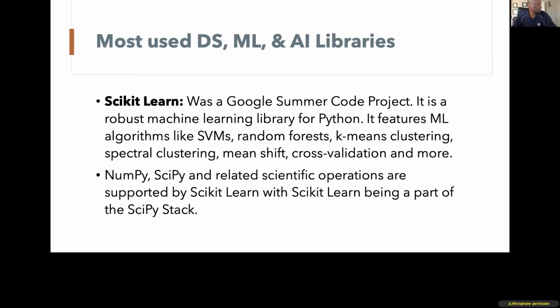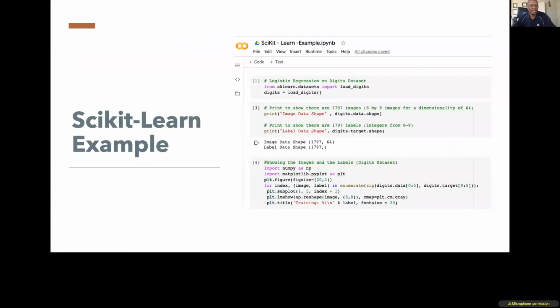So the next one is basically how do we use it? Okay, so I was able to run this example. We import scikit-learn, which we call sklearn, then we go to datasets and import the digits.